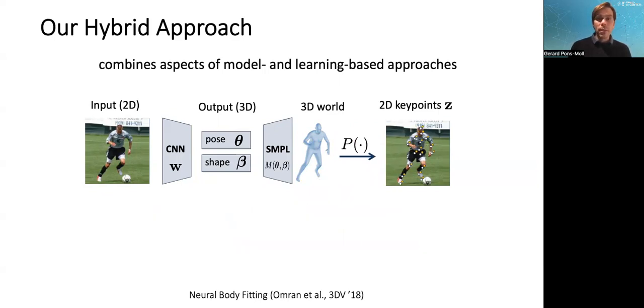And what is interesting about this hybrid architecture is that you can place the loss wherever you want. You can place a loss over the pose and shape if you have a little bit of 3D data, or you could place it here, right? You could place a loss on the mesh vertices of the SMPL model, or you could place it on the 2D key points when you do not have 3D annotations, when you only have these key point detections.